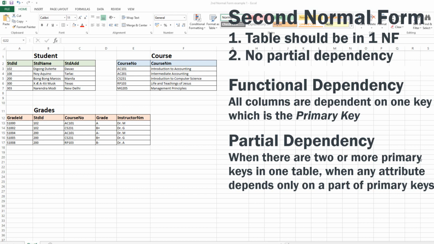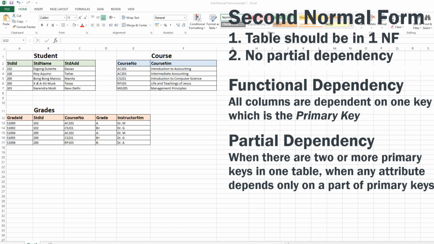If you look at the grade ID, that makes for a good primary key. But actually, student ID plus course number together can become the primary key. This combination is necessary to make it a primary key.